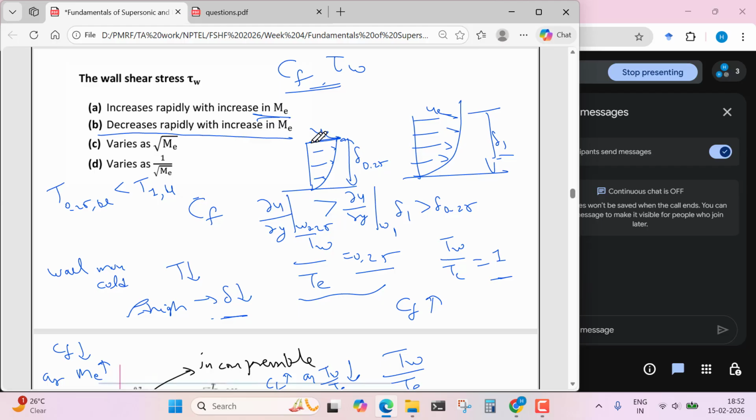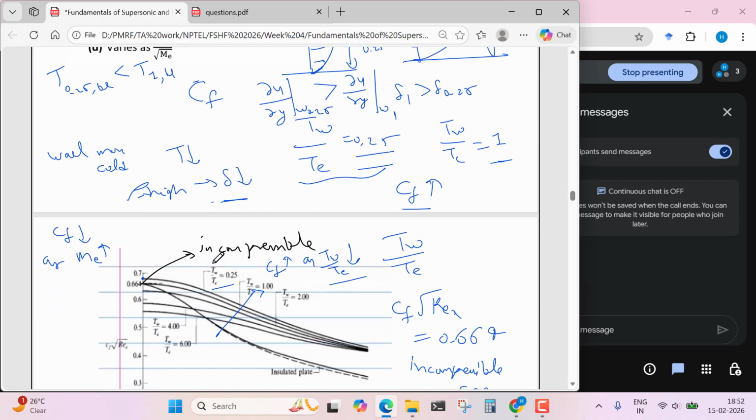For low boundary layer thickness, the velocity gradient will be high, so CF is high. So for a low value of TW upon TE, CF value is high. In the plot also you can see this.